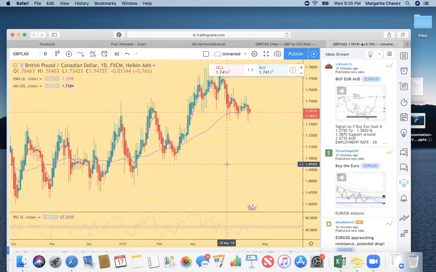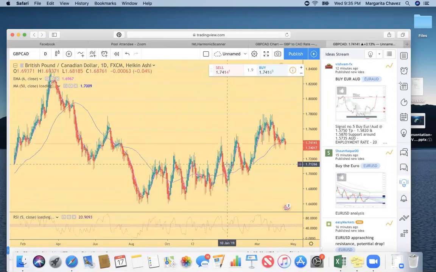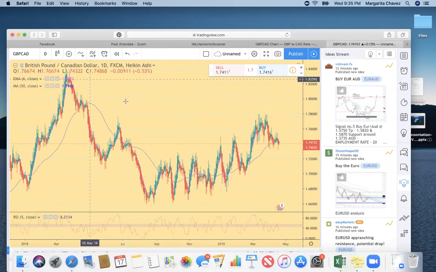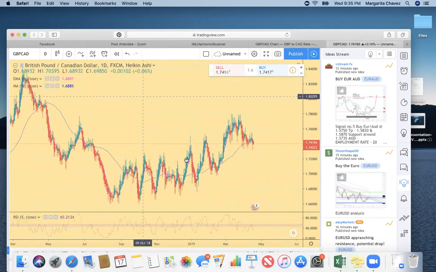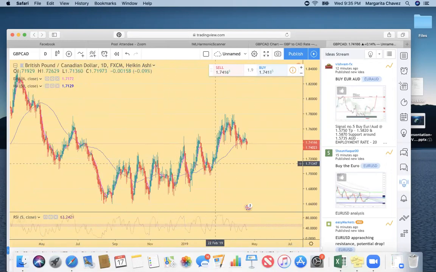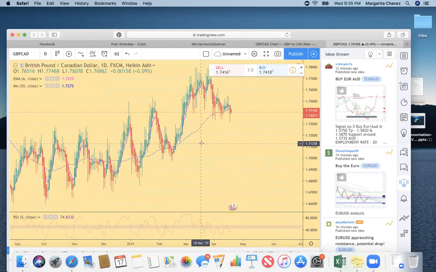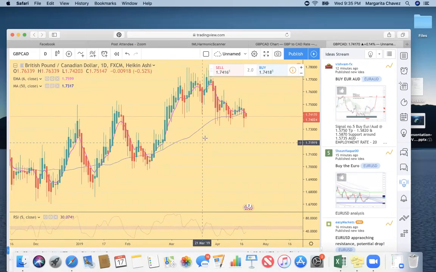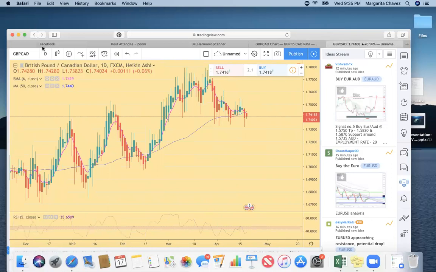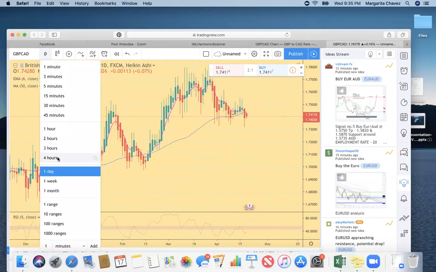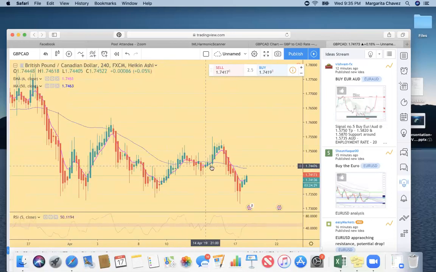Now, look, and you see it's going in an uptrend. This is the highest point, and it's been going in an uptrend for a long time, since March. Let's look at the 4 hours, for the past 4 hours.